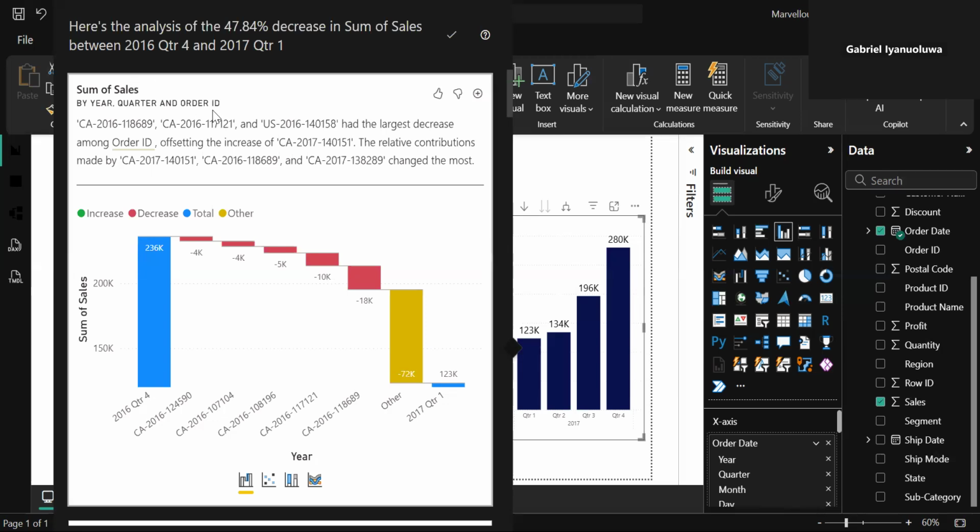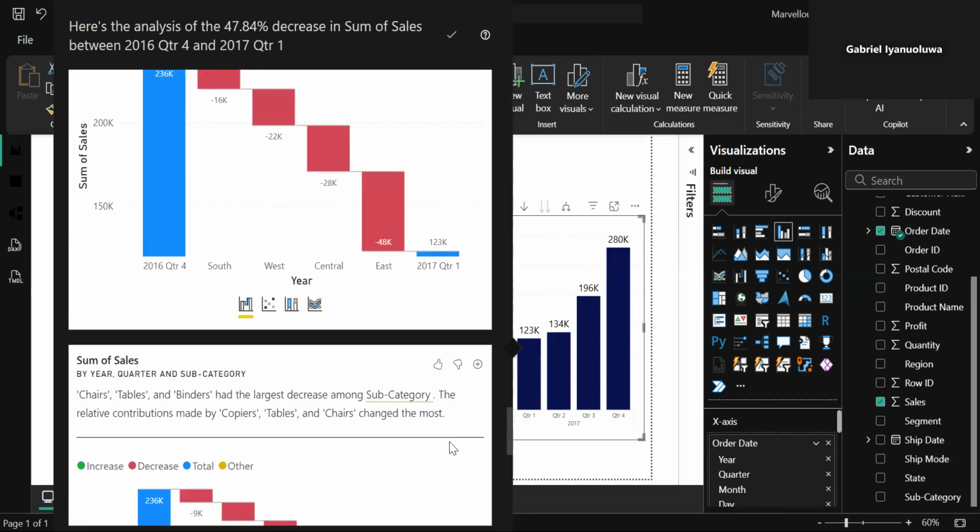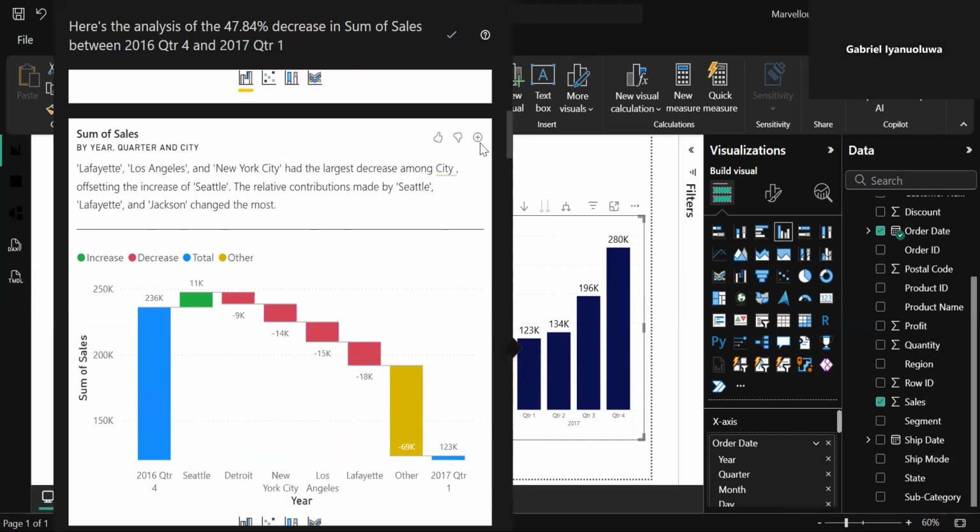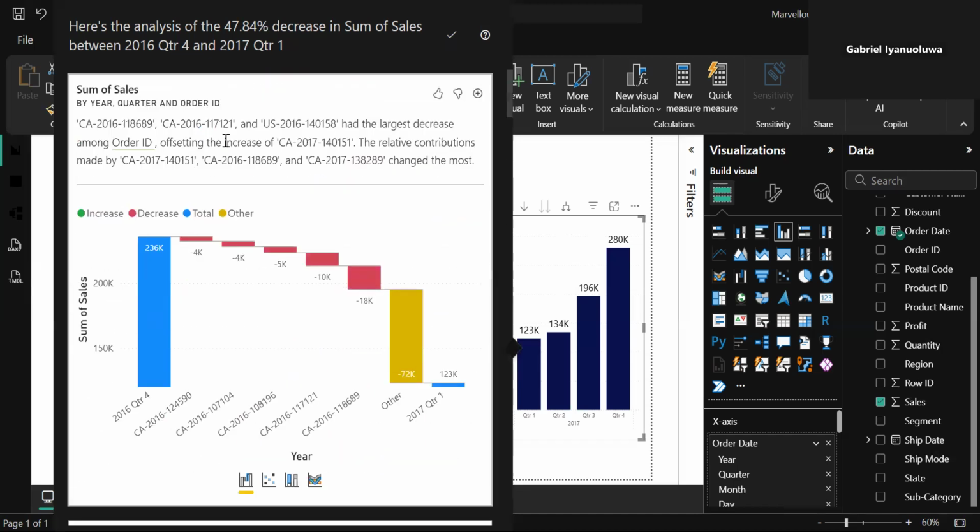Now, first thing it will show us, we have different visuals like the way we saw the previous one, that was the responsible factor. Then we are going to be checking one after the other. So it's now showing us the other heading responsible for this, and these are the largest decrease.